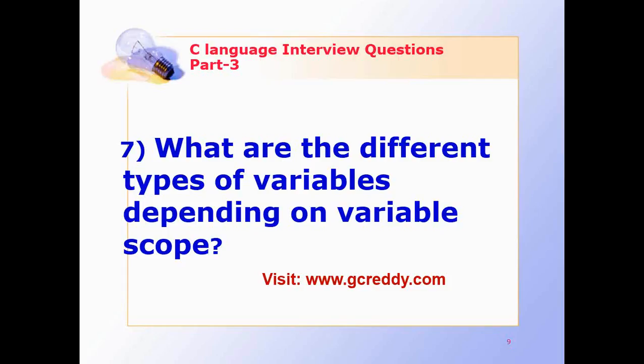What are the different types of variables depending on variable scope? Depending on the scope of the variable, in C language, variables could be classified as global variables and local variables. Global variables. Global variables in C have the declaration outside the function definition of all functions used within the program, and they remain in the memory as long as the program is executing.